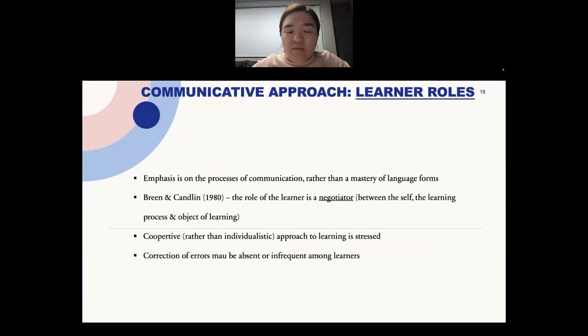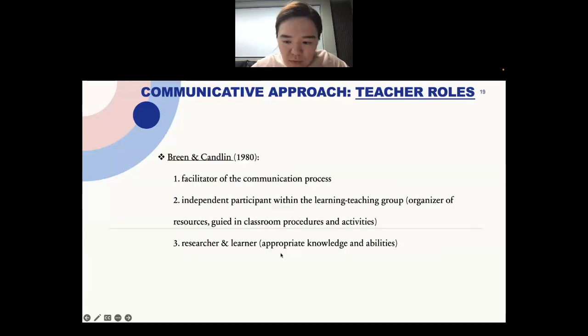Breen and Candlin, in 1980, mentioned that the role of the learner is a negotiator between the self, the learning process, and the object of learning. A cooperative approach to learning, rather than an individualistic one, is stressed. Correction of errors may be absent or infrequent among learners.